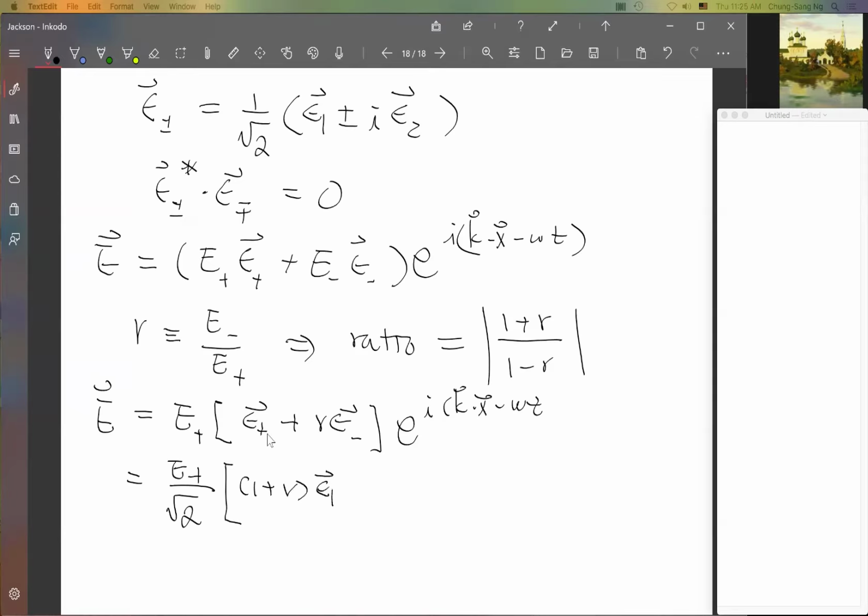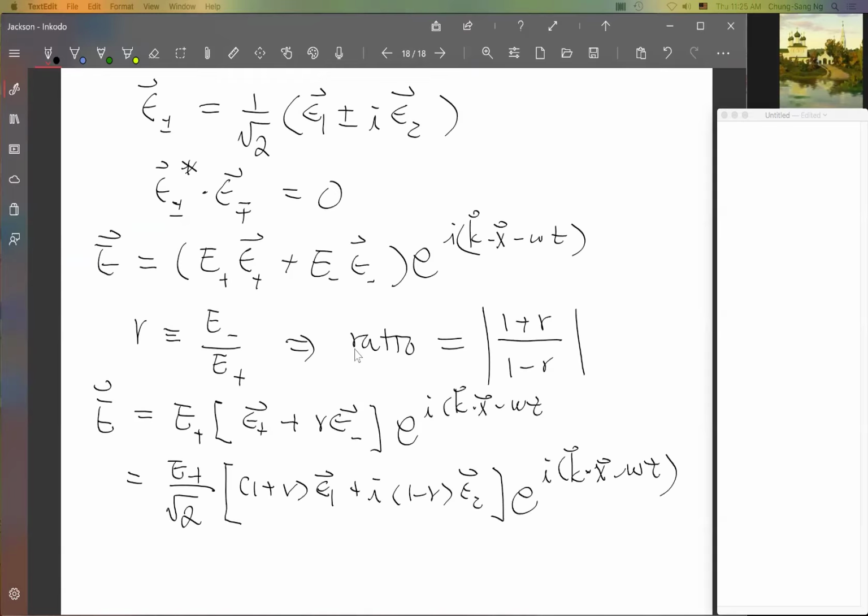And then for epsilon 2, E plus has a positive sign, plus i, and E minus has a negative i, so you have plus i times 1 minus R, epsilon 2, and then the phase vector dot x minus omega t.